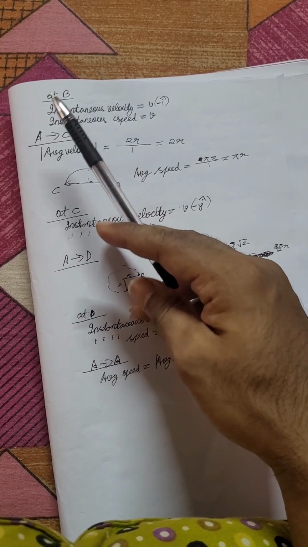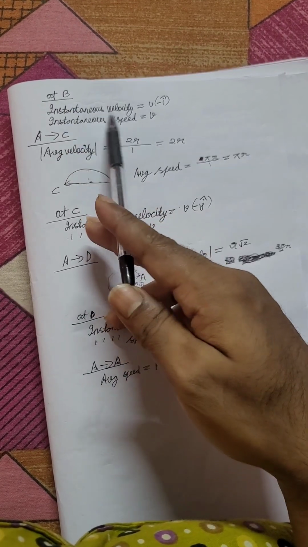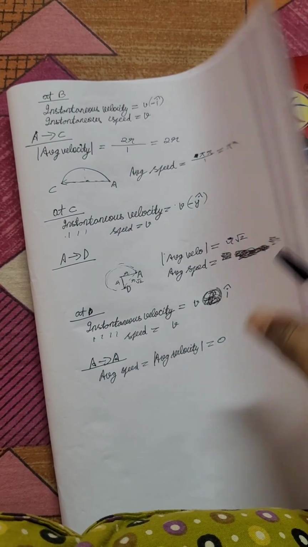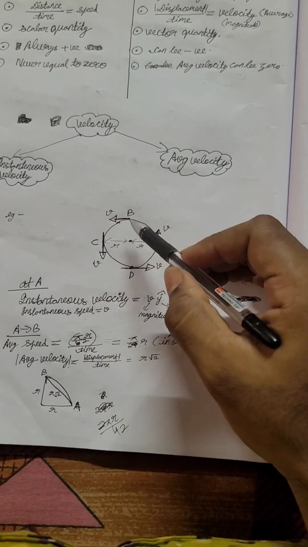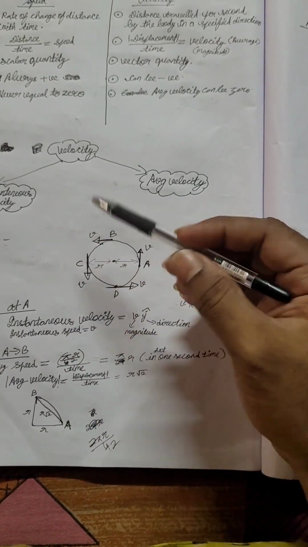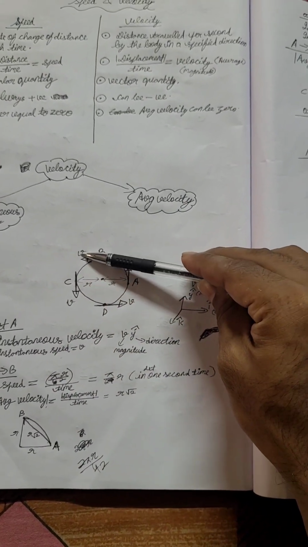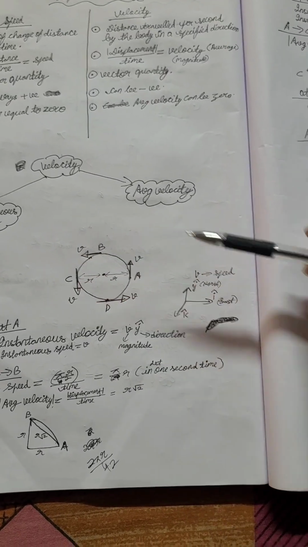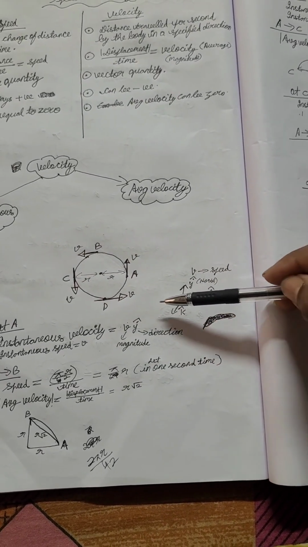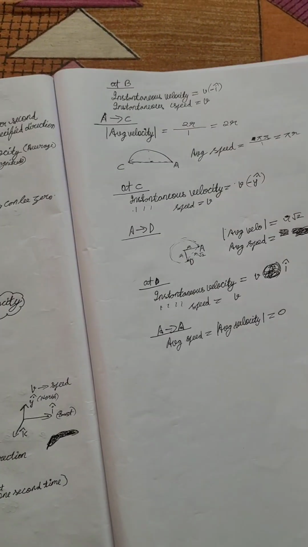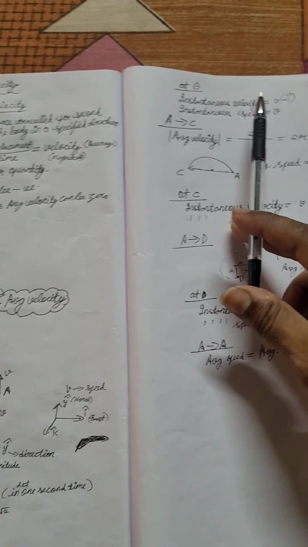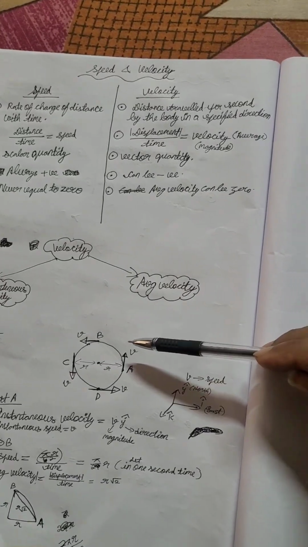Instantaneous velocity, so let's start. Instantaneous velocity at B. See, at B the instantaneous speed is constant. The velocity direction is minus i cap. See, this is i cap, so the opposite direction will obviously be minus i cap. The instantaneous velocity is v minus i cap.